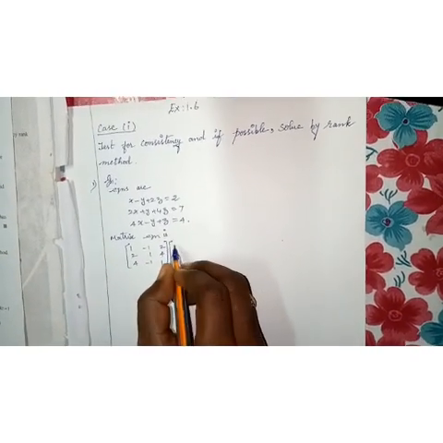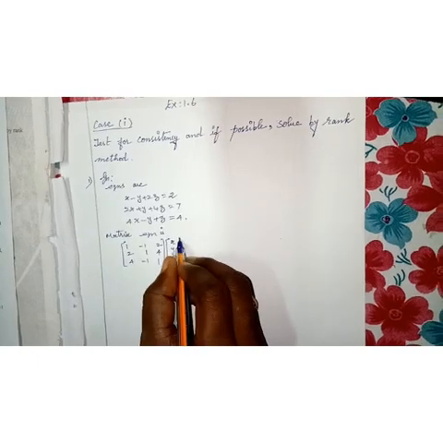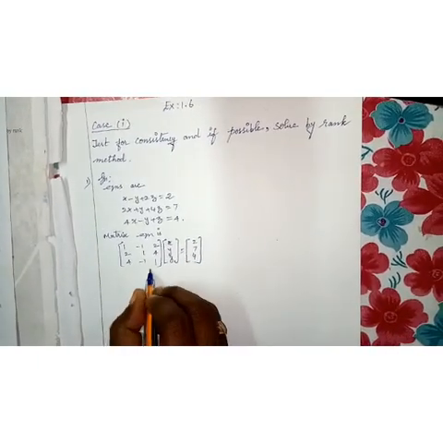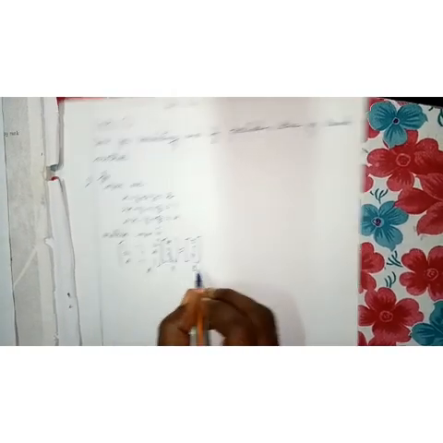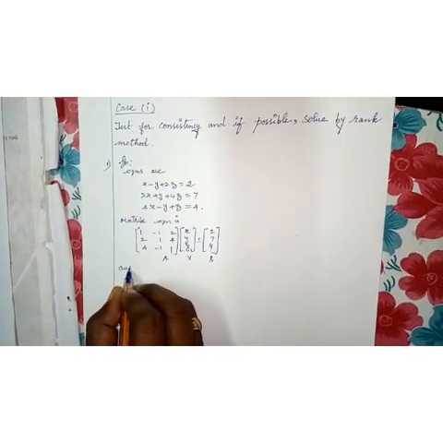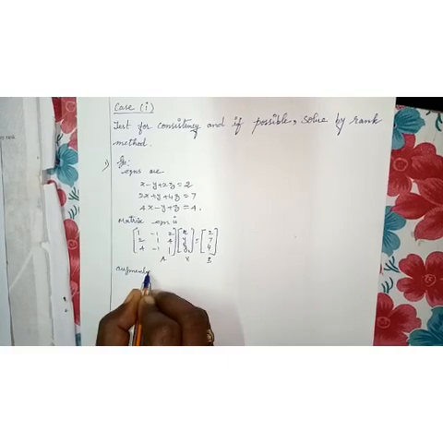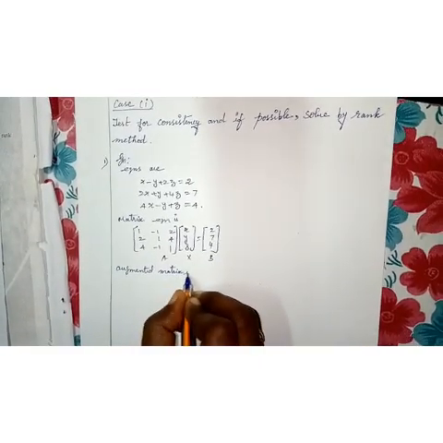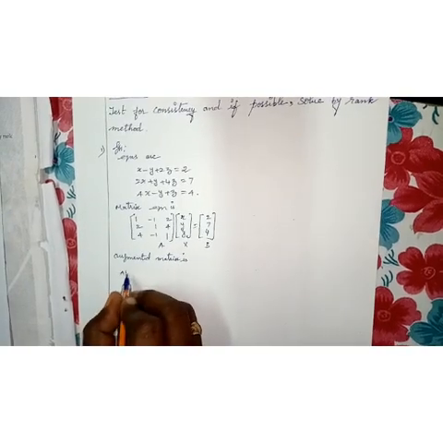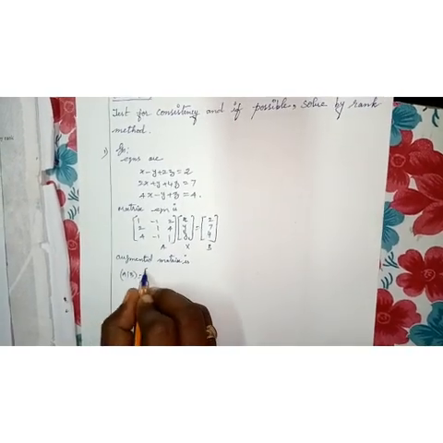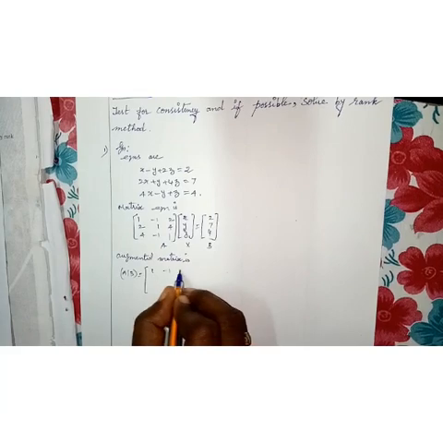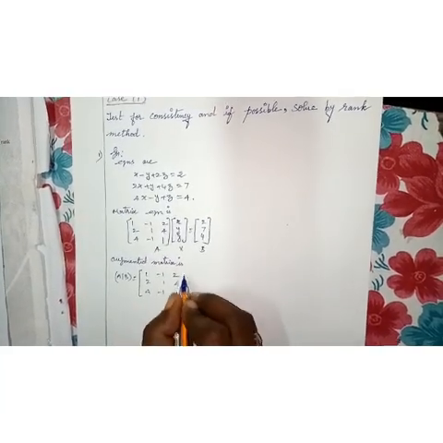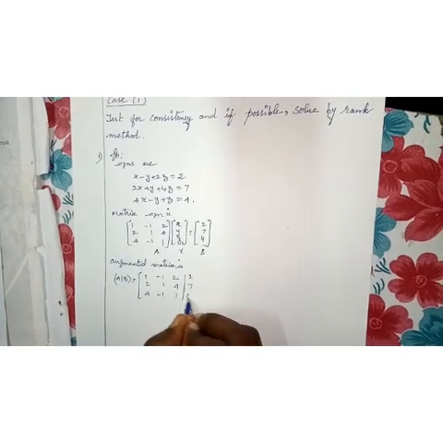After the matrix equation, you have to write the augmented matrix. What is the augmented matrix? You have to combine and write A and B. So the augmented matrix is A bar B equal to 1 minus 1 2 2, 2 1 4 7, 4 minus 1 1 4.